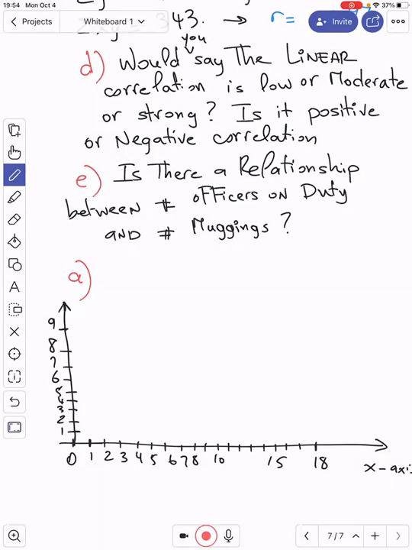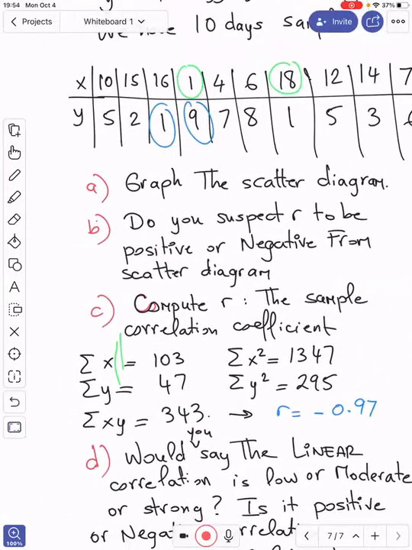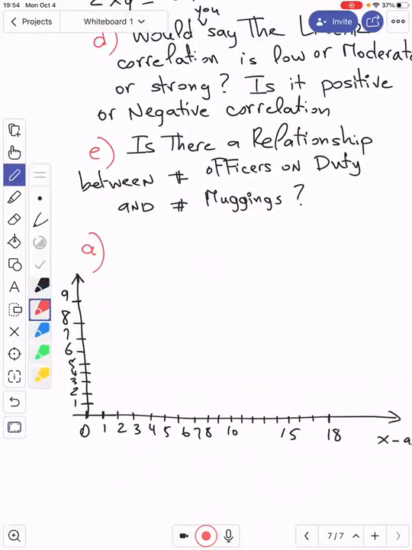Okay, so let's plot the first point. What's the first point? As you can see, your x is 10, and the corresponding y is 5. If x is 10, then y is 5, right? So your x of 10 is right here.